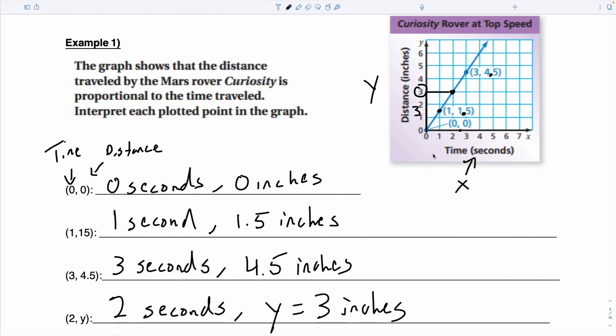Oh, are you looking for k for the constant? The constant would be 3 over 2. Does that make sense? You went up 3, you went over 2. Up 3, over 2.